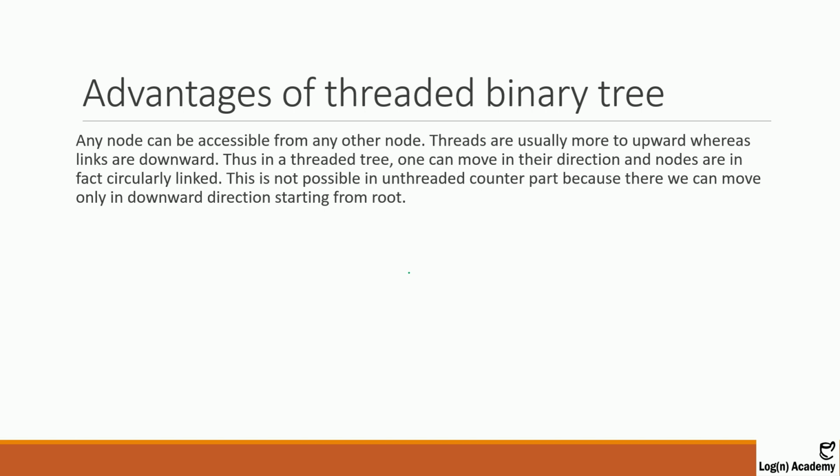Thus, in a threaded tree, one can move in either direction, and nodes are in fact circularly linked. This is not possible in the unthreaded counterpart because there we can move only in the downward direction starting from the root. So in the unthreaded version, we can only move from top to downward.